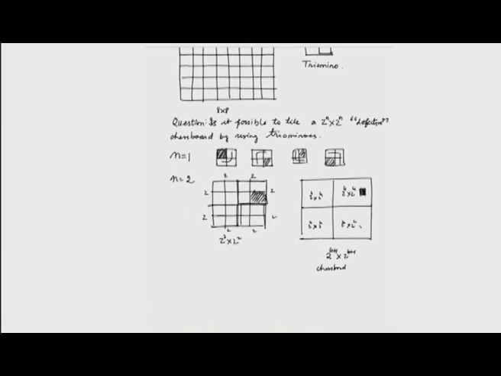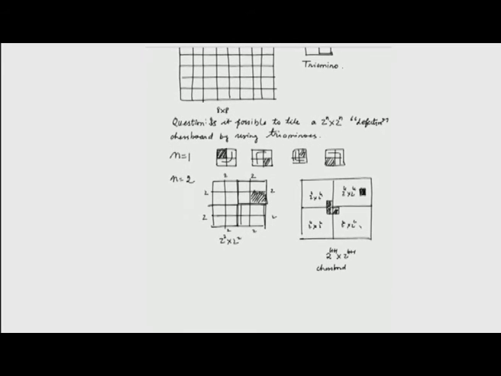Suppose it is here. Then what we can do is put a triamino around the center here, making the remaining 3 chessboards defective.